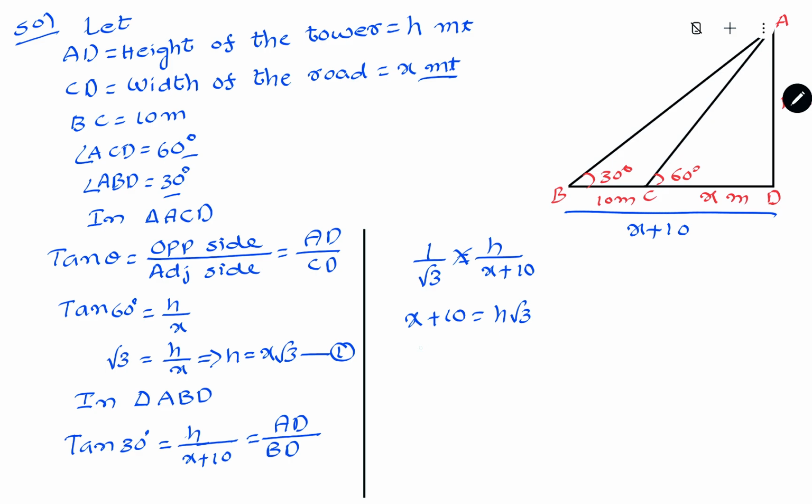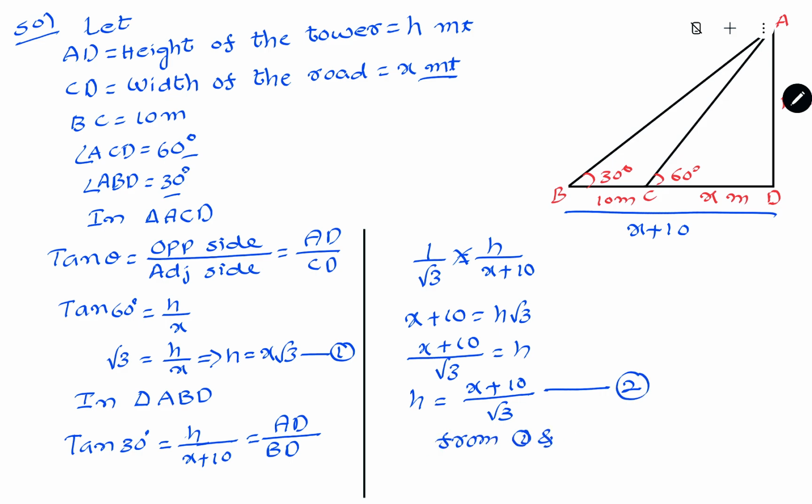Here x plus 10, transpose root 3 from RHS to LHS. It will divide. Here h. We can write h is equal to x plus 10 by root 3. Take it as equation number 2.